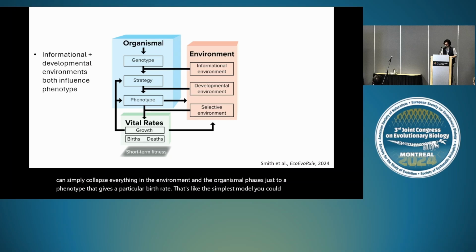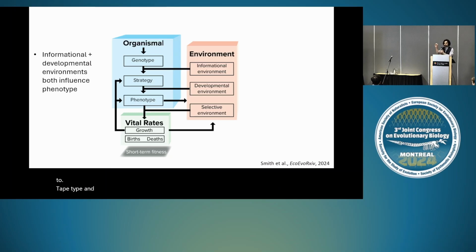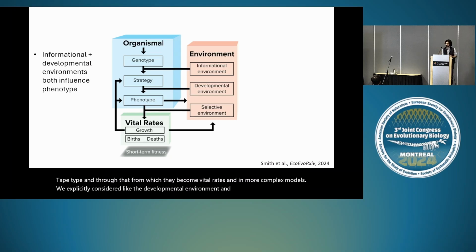The point is that there is a distinctive assumption about the processes by which a genotype goes to a phenotype, and through that, from which they become vital rates. And in more complex models, we explicitly consider the developmental environment and informational environment, which I'll describe in a moment.